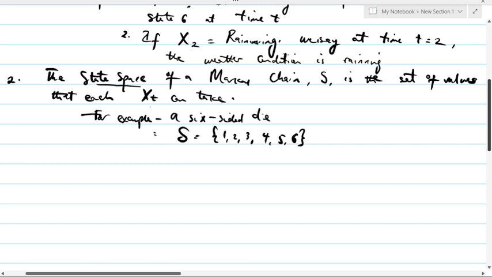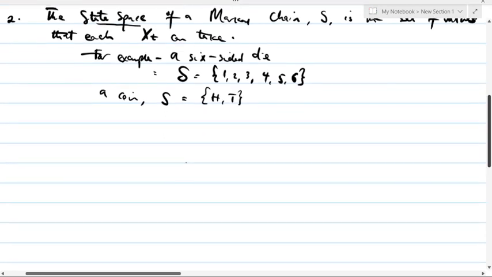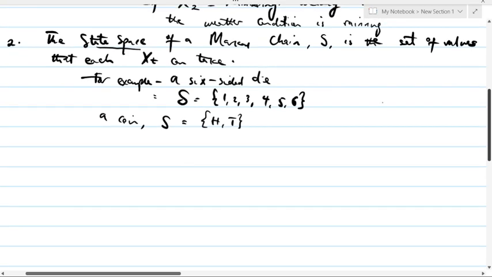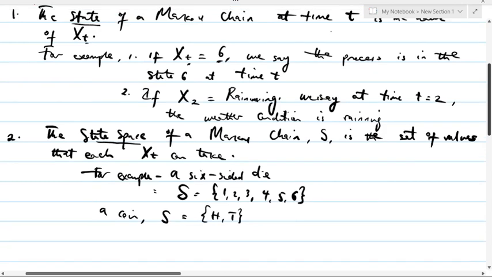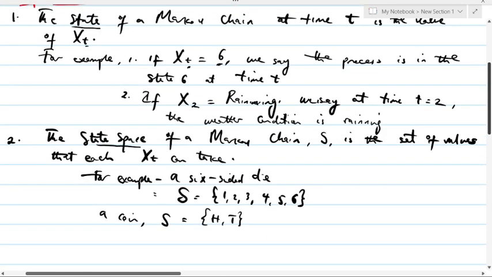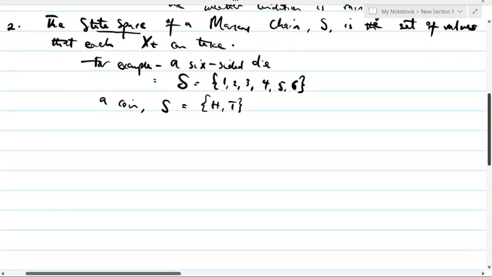Or if you are dealing with a coin, your state space will be head, tail. So that is the configuration of a coin, and that means state space. State space also means the collection of all your states of a particular system. So take note of that.